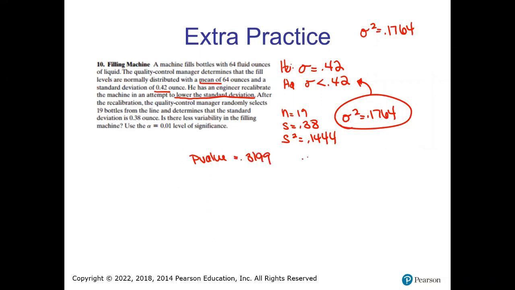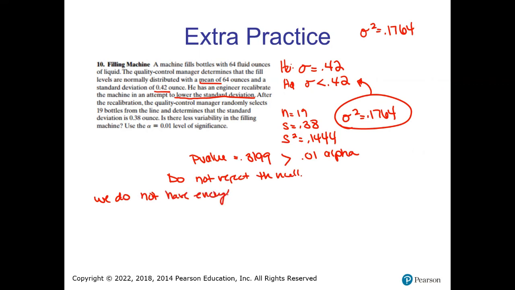If I compare that to alpha 0.01, well, that is bigger. P is greater than alpha. We do not reject the null, which means we do not have enough evidence to claim the standard deviation is less than 0.42.